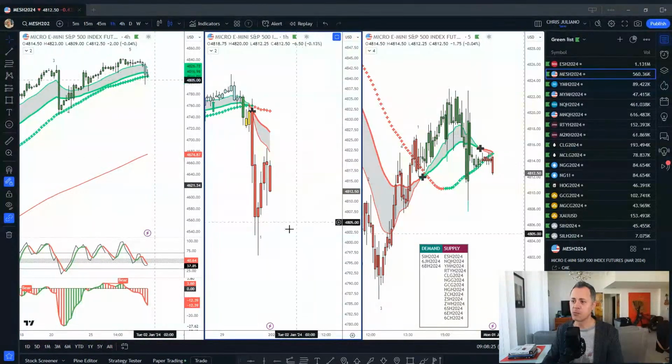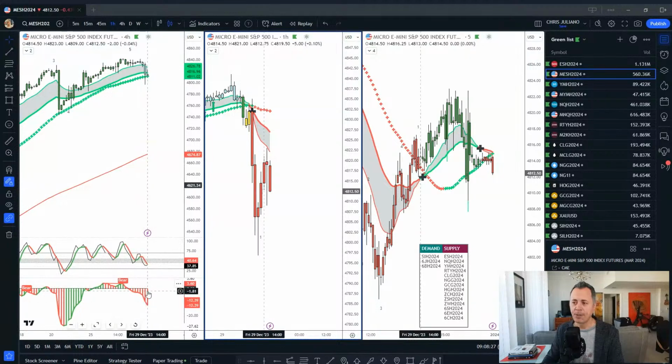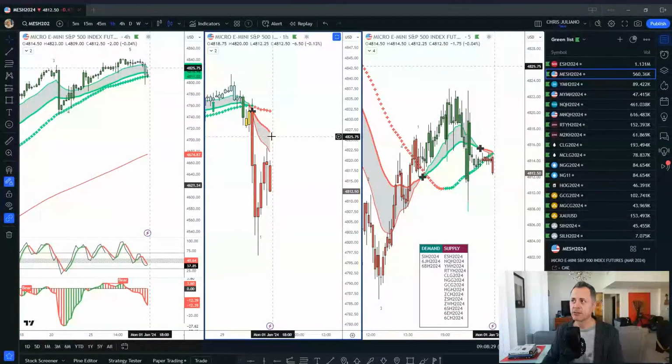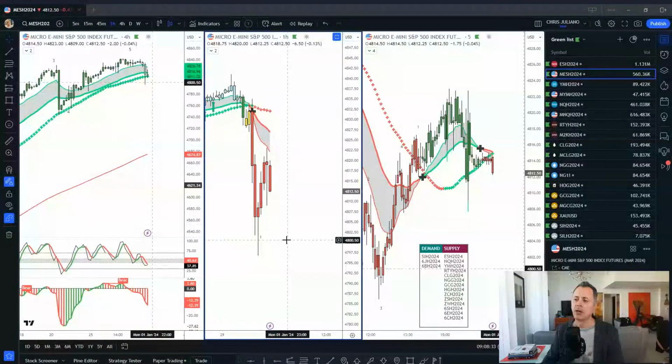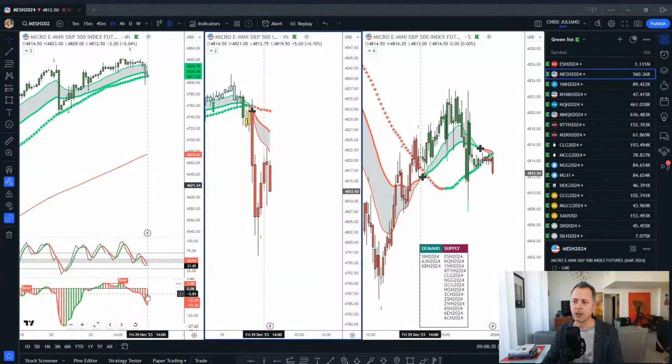And you can see that represented here by momentum and trend. So the 1-hour trend is down, and the 4-hour momentum is down, okay? So that's going to place the contract in here.